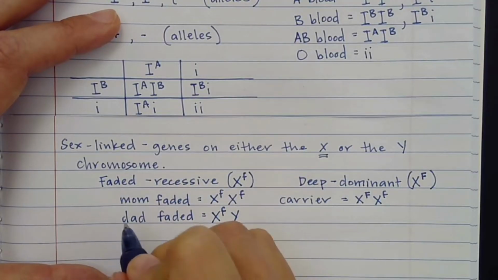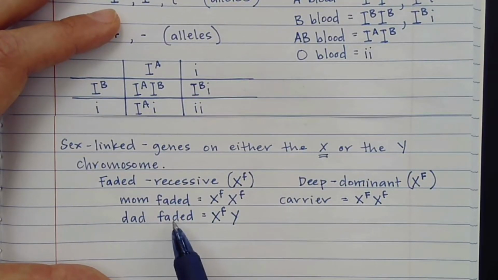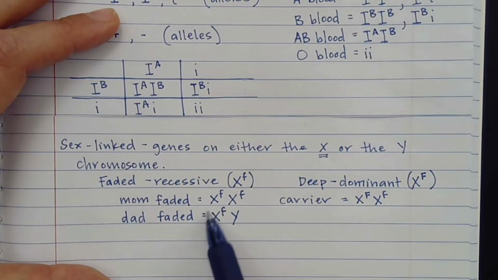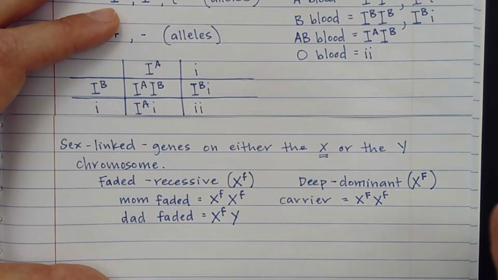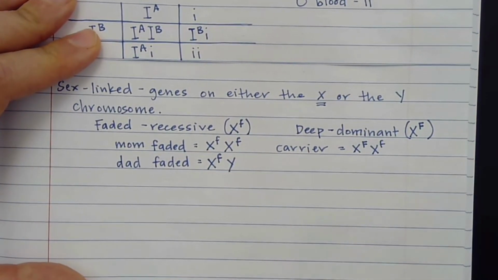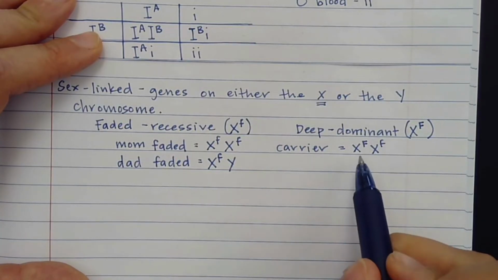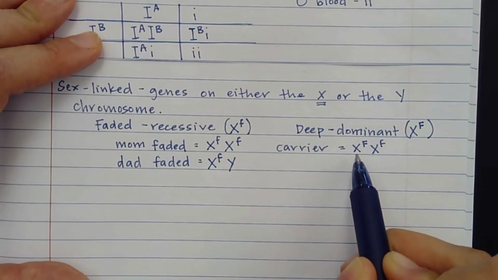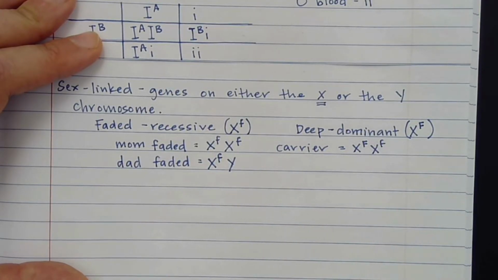So what we can see here is that in order to have the faded trait, the recessive trait, dad only needs one copy of it, but mom needs to have two copies of it. And that's going to make it so that this trait ends up in more boys than in girls, because girls can have the other chromosome carrying the dominant trait and therefore kind of masking the effect of that recessive trait.